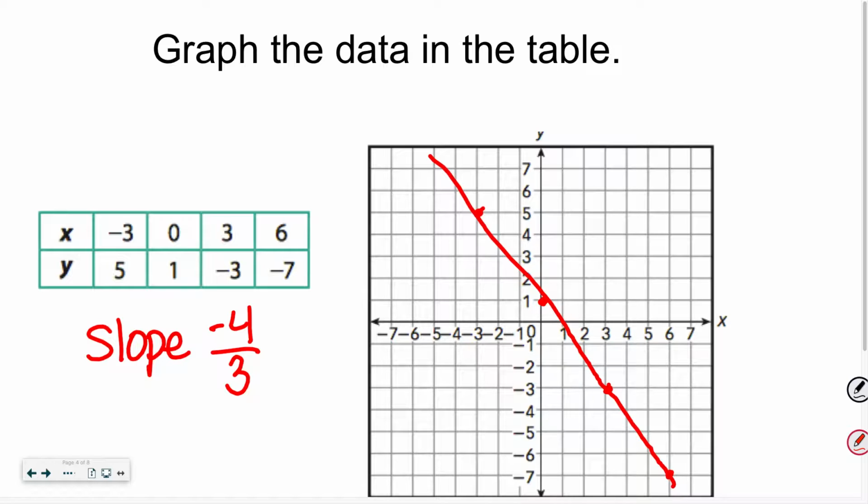And I know for a fact that these points are on this line. And I want you to figure out how I know that while I'm writing them. How do I know that all these points are on the line? Hey, how do I know that these are on the line?